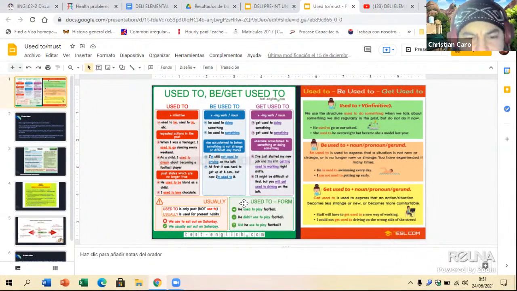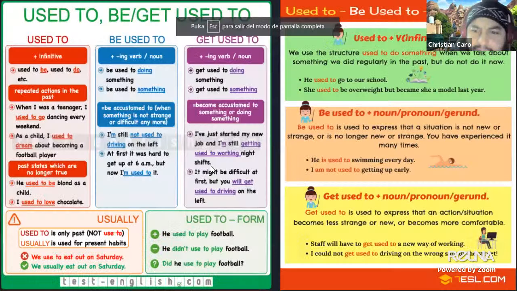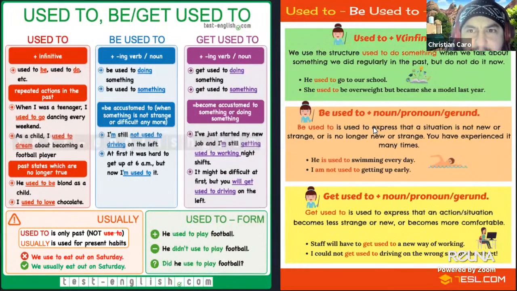And today we should be dealing with a different topic, which is the use of used to, be used to, get used to. We use these constructions when we describe, for example, past habits, or when we want to describe actions in the present or in the past.